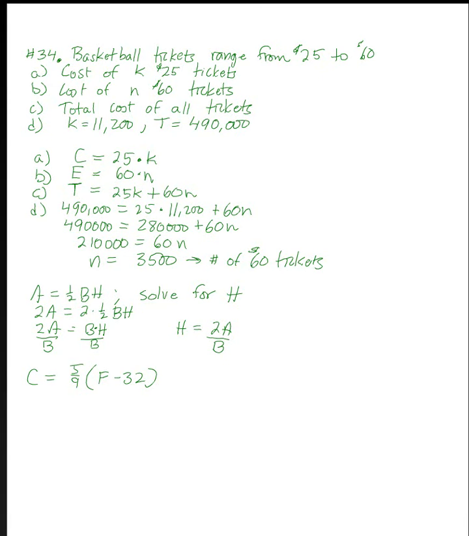Should I be wearing shorts or jeans? Do I need a sweatshirt or a coat or not? Well, for somebody coming from the United States, it would be much more useful if this formula had F all by itself, because then I could just plug in the temperatures I see in the news and I'd be good to go. Okay, so we're going to solve for F.